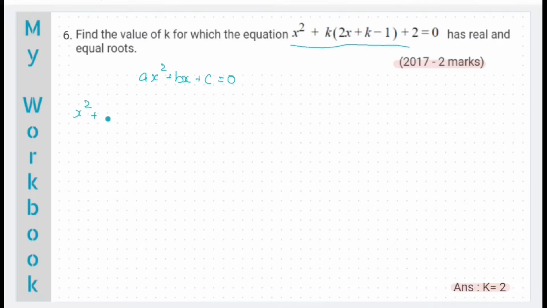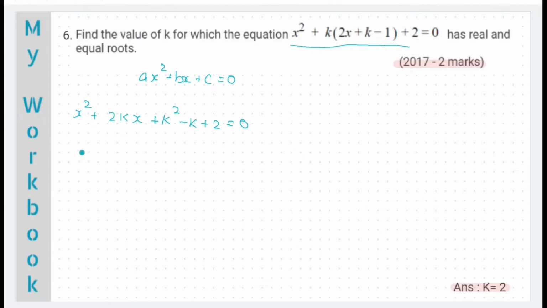So the given equation can be written as x square plus 2kx plus k square minus k plus 2 is equal to 0. So this whole thing is the constant, and this is your x term and x square term.